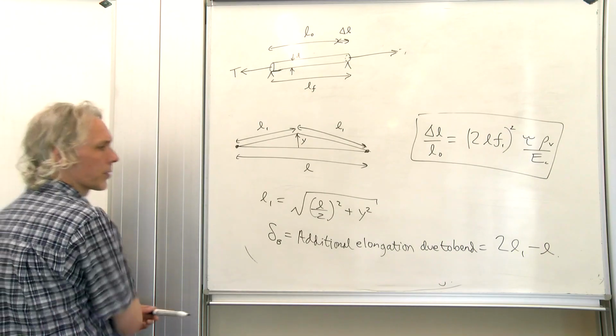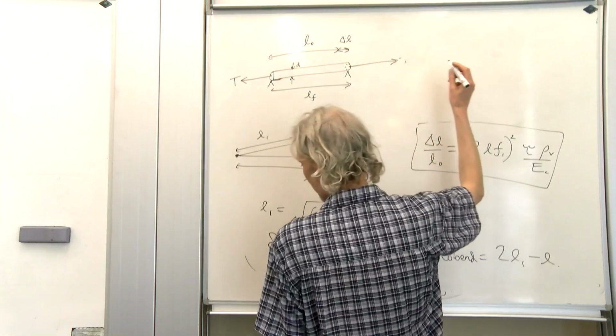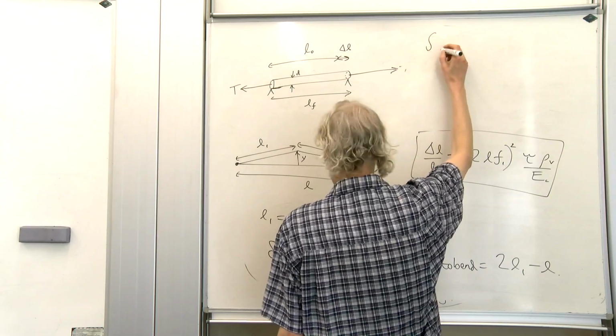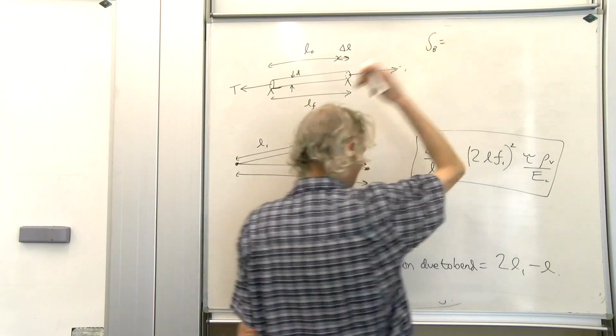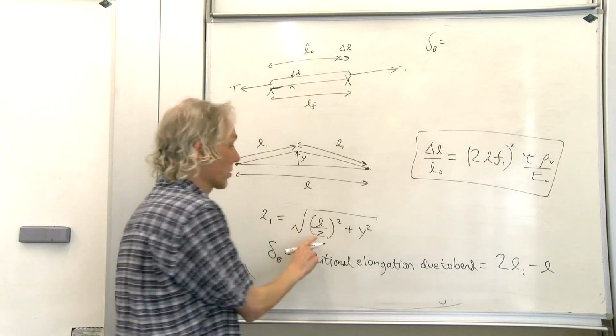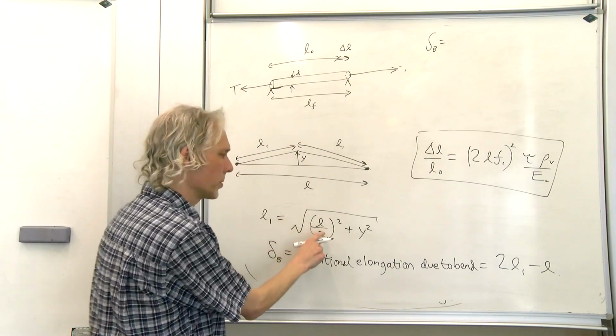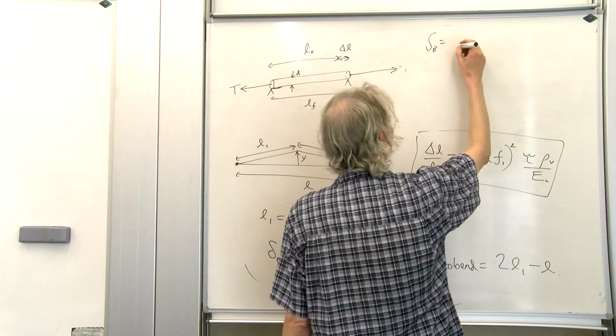So that's going to be 2 lots of this minus L. Okay, so going up to the top of the board, delta B is going to be 2 times this. We could bring in the 2 squared actually.